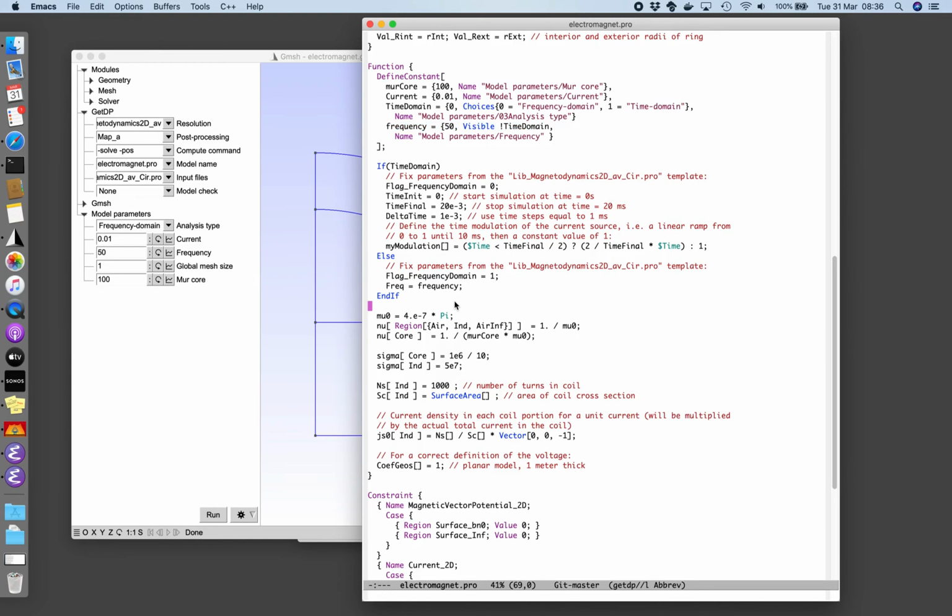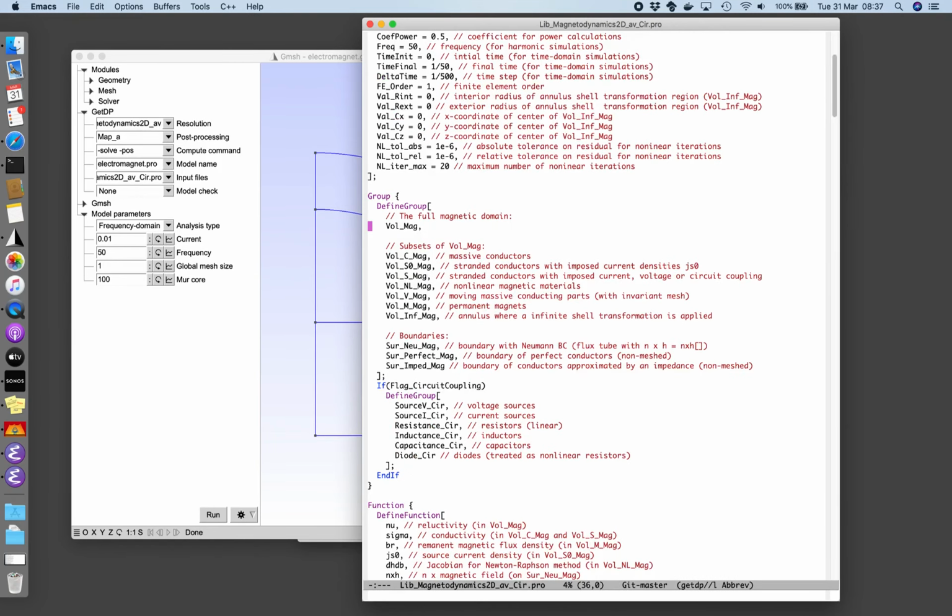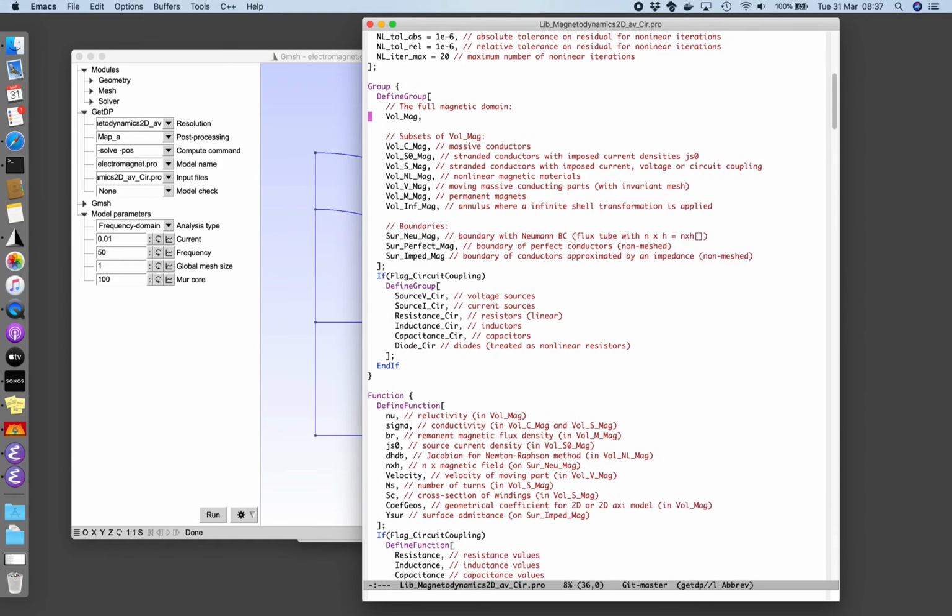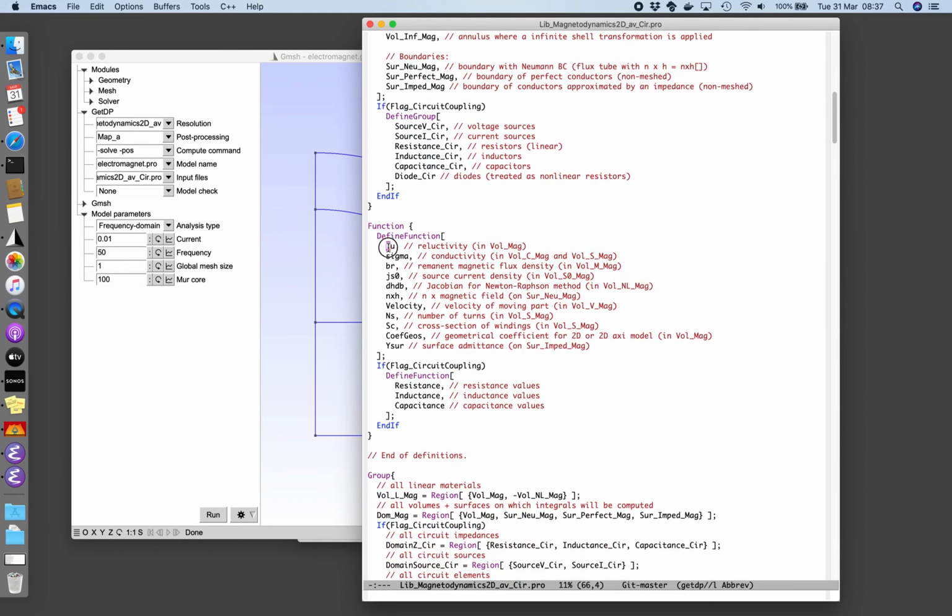And then what else do we need? Well, let's go back to the library. We need some functions. We need the reluctivity in the magnetic volume, and the conductivity in the conducting part and in the source part. If we had a magnet, we'd need Br and all the rest.